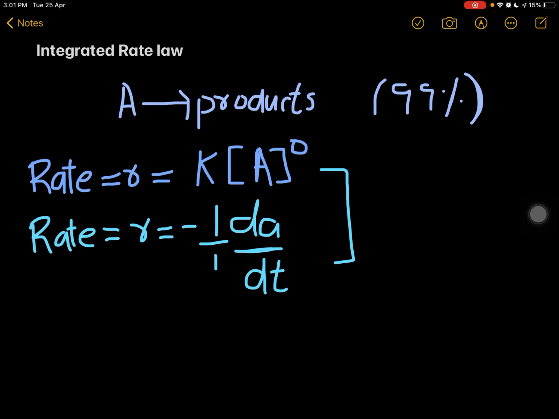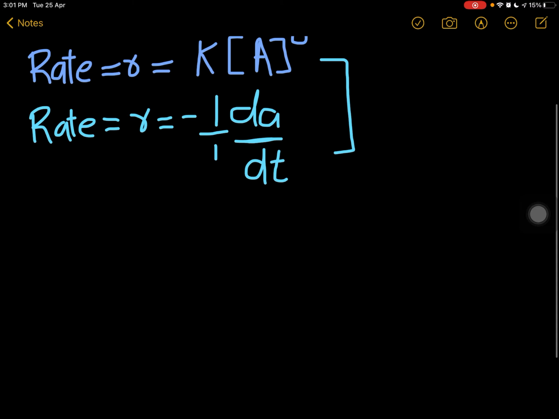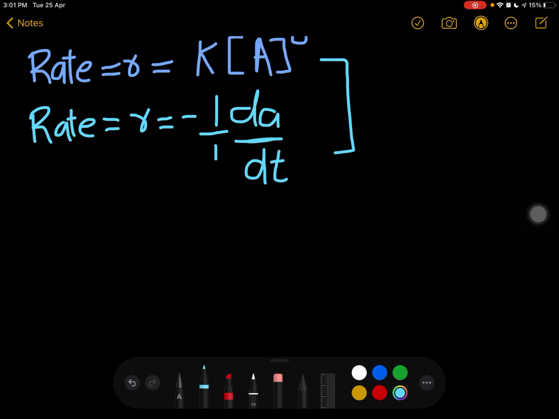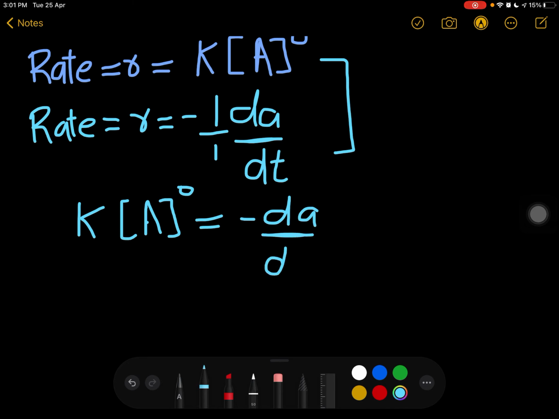Now we can basically compare both of these, and it can be K A naught is equal to minus dA upon dt, and we know that A naught is basically 1, right?